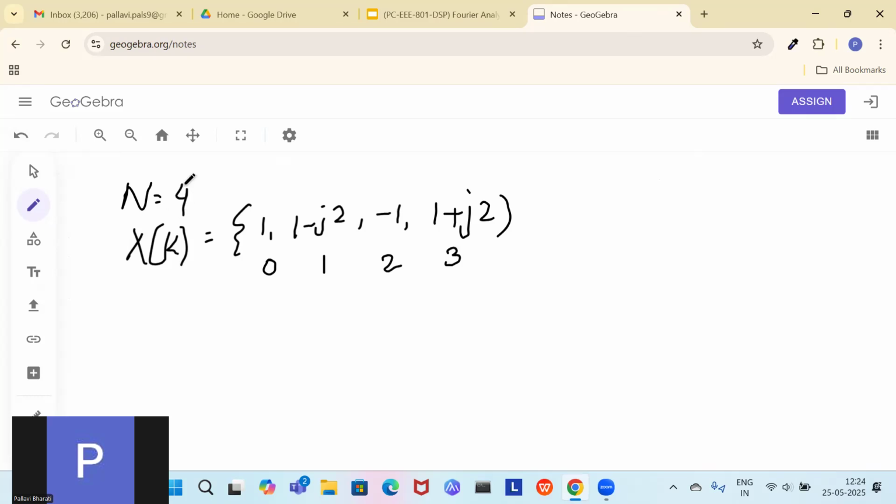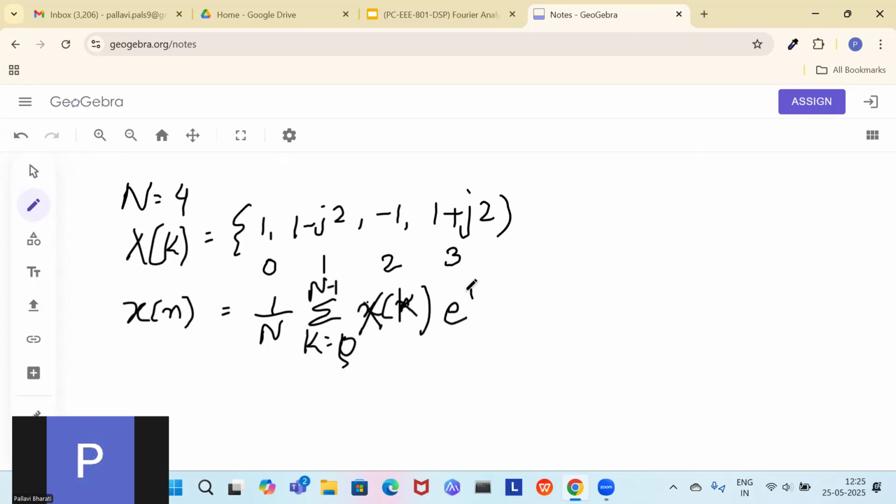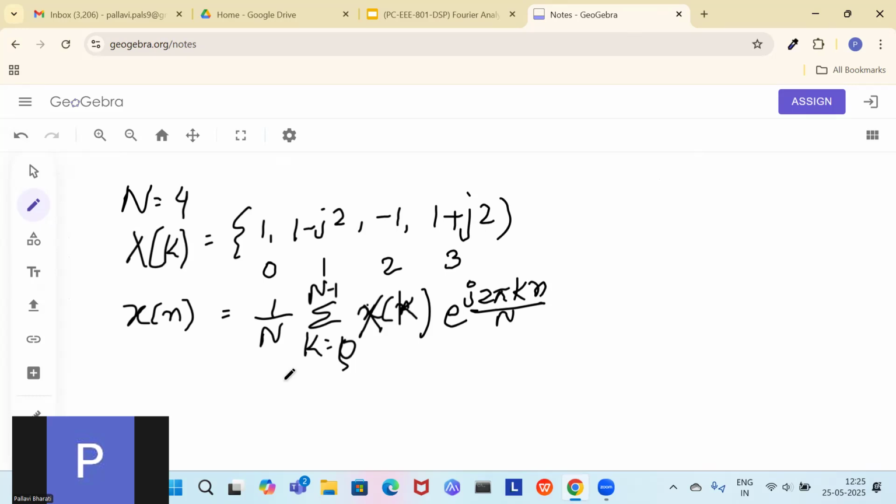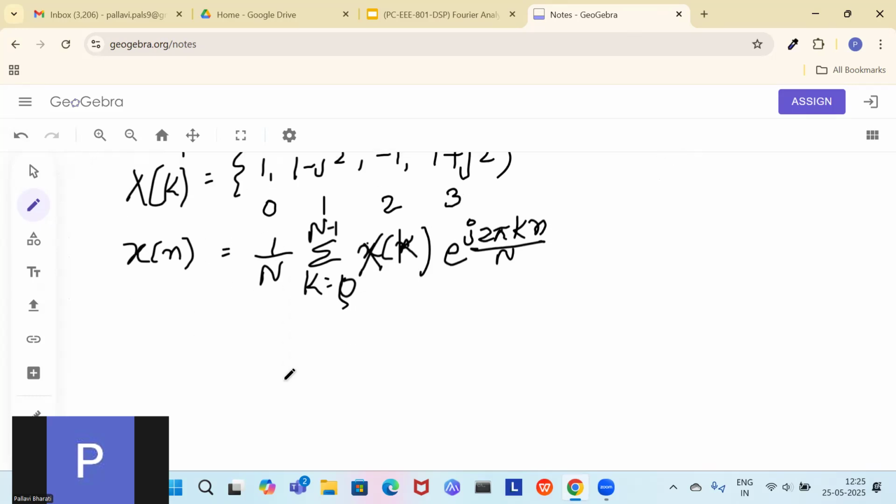Now first we will write the formula again. x(n) is equal to 1 by N, summation k equals 0 to N minus 1, X(k), e to the power j 2 pi k n by N. So first we will take out this part, e to the power j 2 pi by N, because it is going to remain common for all.